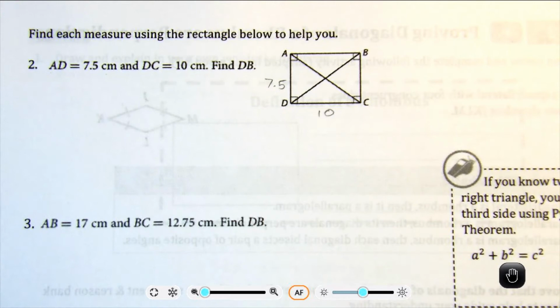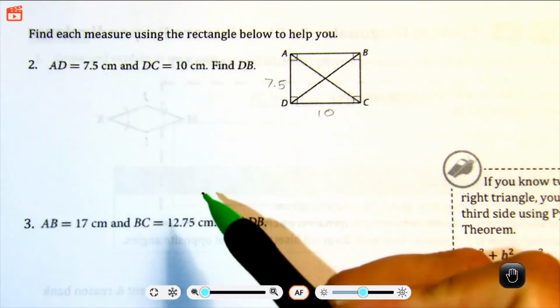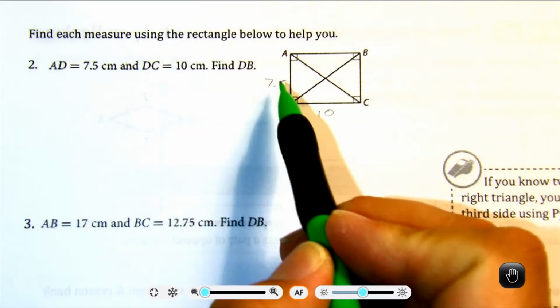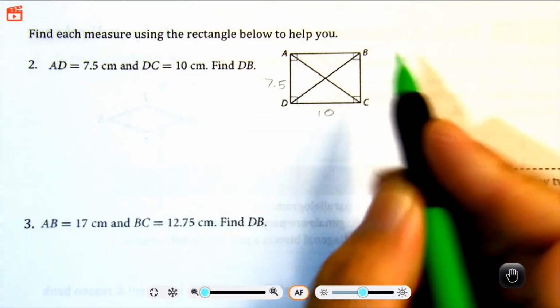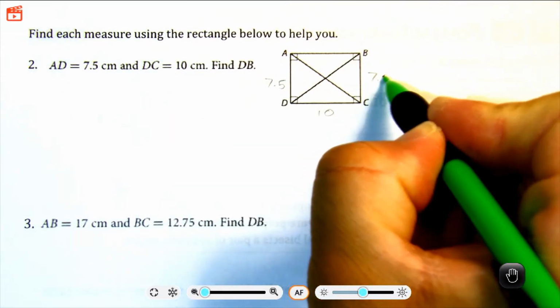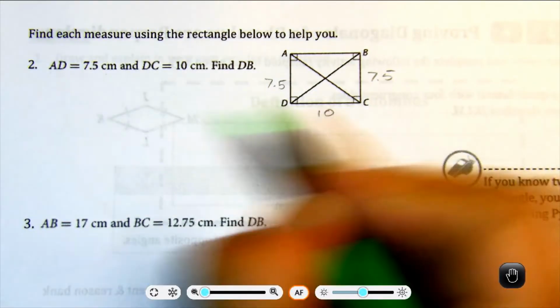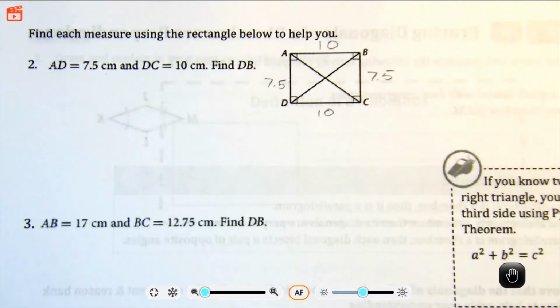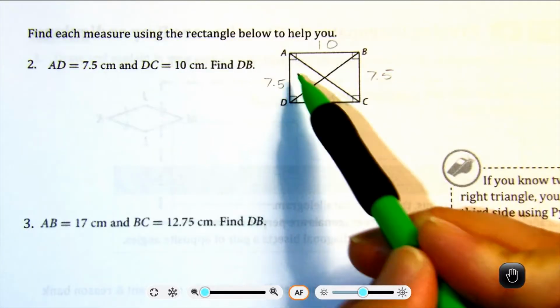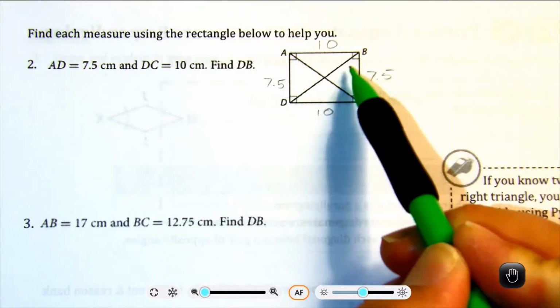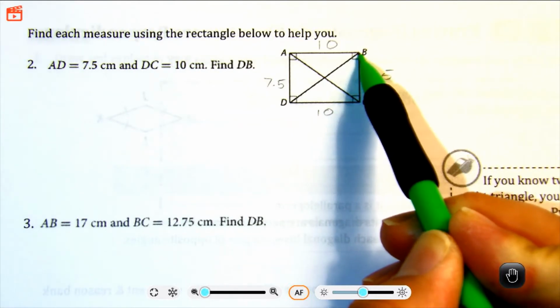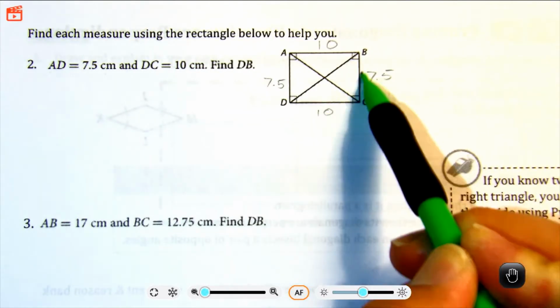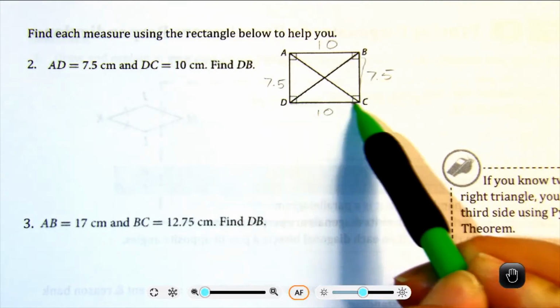One thing that we could do is, using the properties of a parallelogram, if this side is 7.5, then this side is also 7.5. If this side is 10, then this side is also 10. Now, in this rectangle, let me focus on this right triangle, BCD.